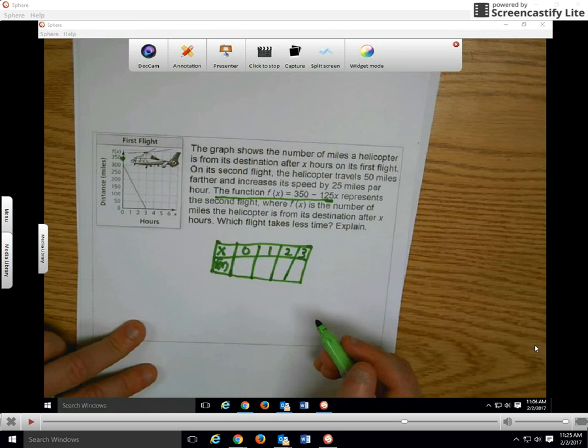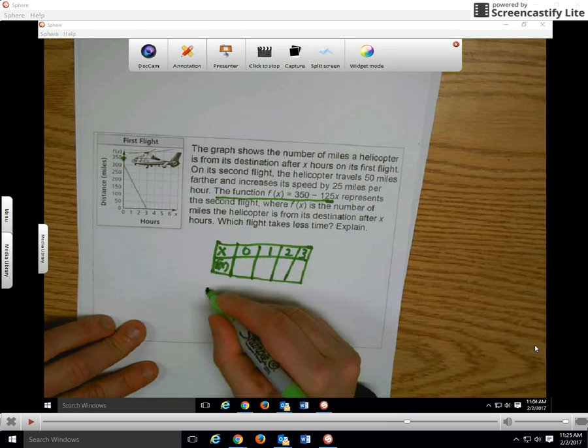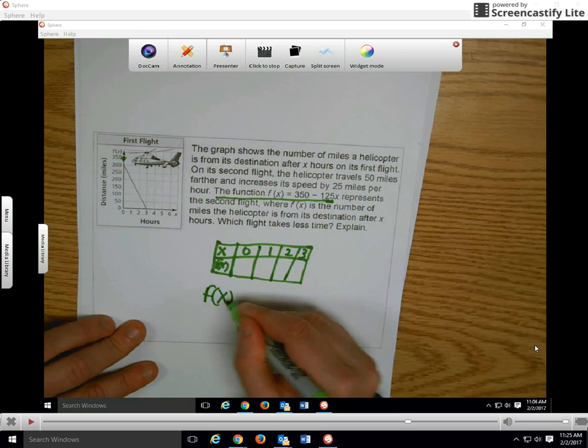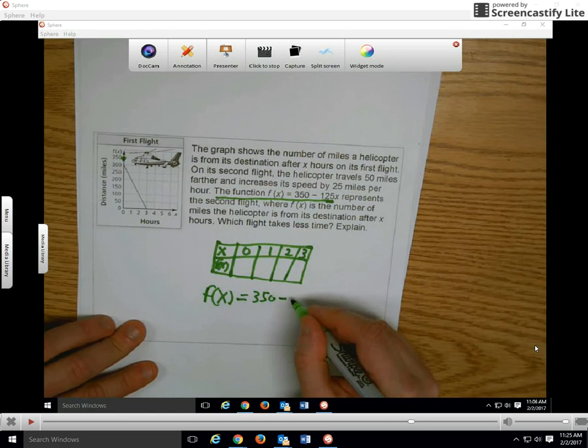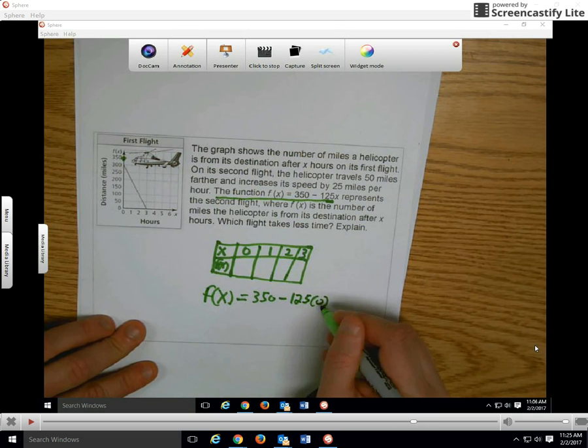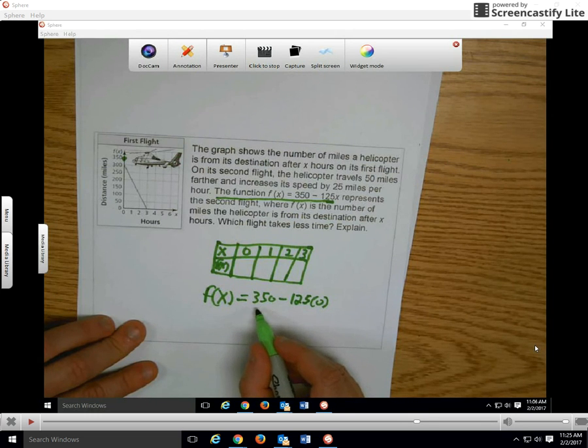We probably should do 3 as well, since this one went to 3 hours. Okay, let's find out. So if we were to substitute a 0 for the x, just rewrite the equation. It would be the function of x, I could even have put a 0 there, would equal 350 minus 125 times 0.